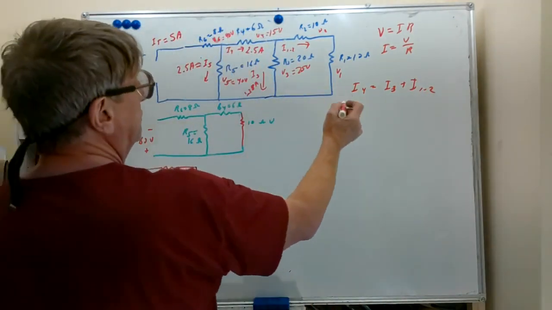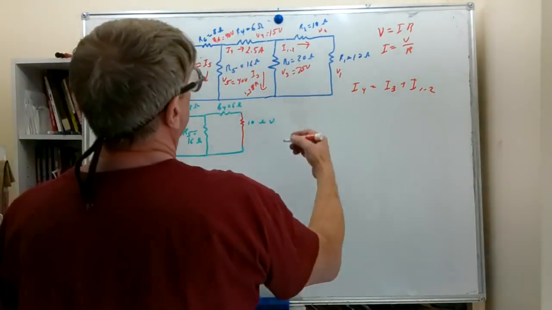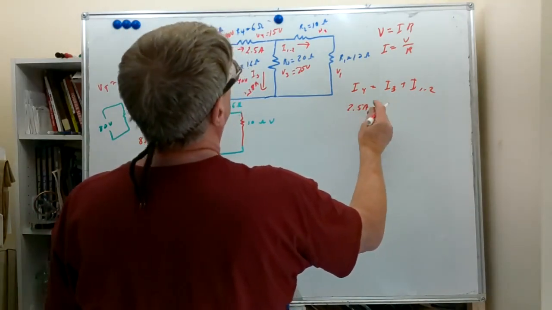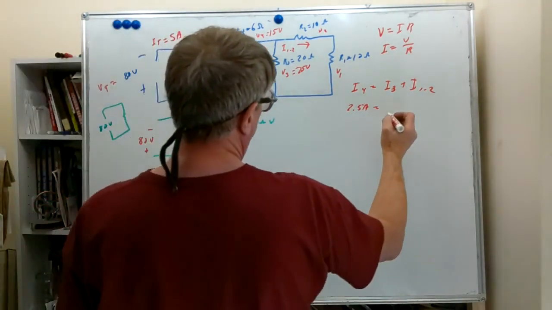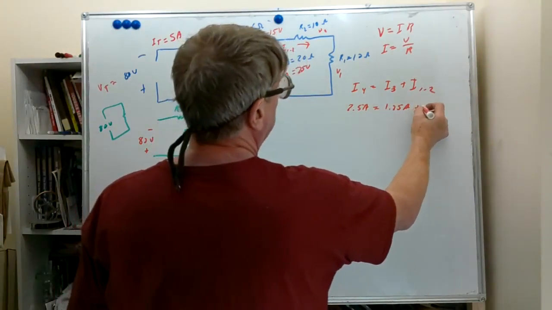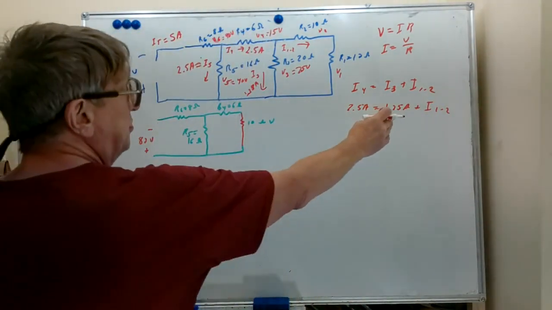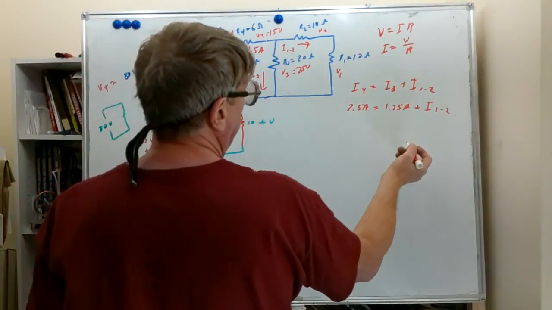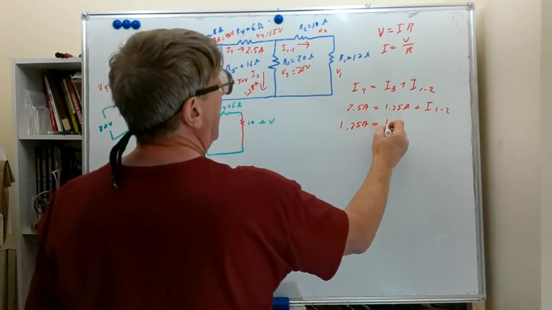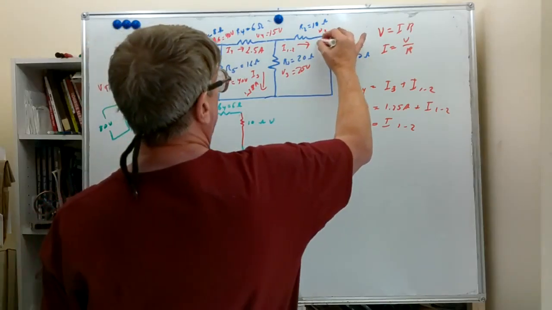We know I4, this is the current, how they split between this branch and this branch. We know I4, 2.5 amps. We know I3, we just calculated it, 1.25 amps. And we're looking for I12. Well, if we subtract 1.25 from both sides, 2.5 minus 1.25 gives 1.25 amps, equal to I12. So let's put that on the drawing right here, 1.25 amps.